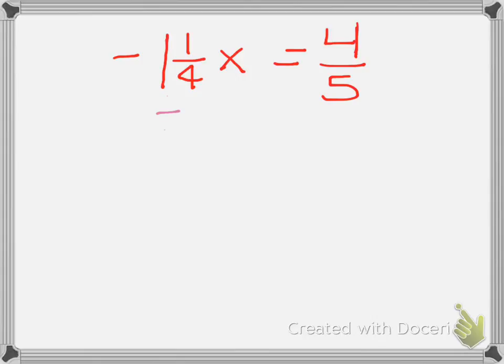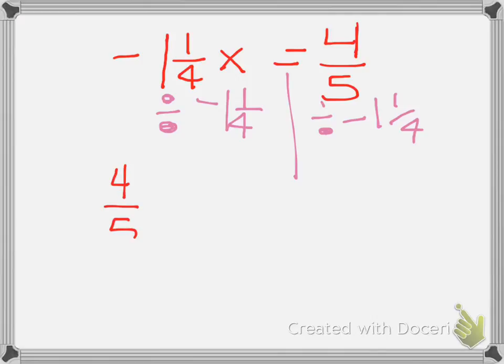So I'm going to need to divide this by -1 1/4. And if I'm going to divide on the left, I need to divide on the right by the same number. So to solve this equation, I'm going to take my 4/5 and divide it by the -1 1/4.